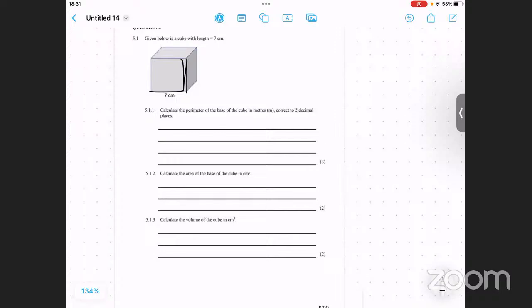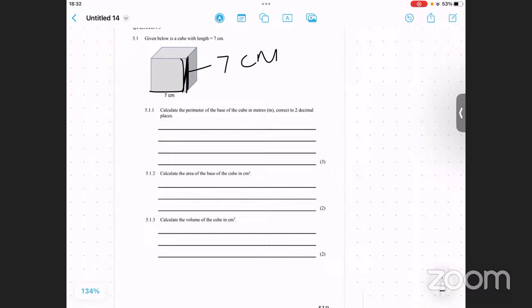Lukumo, what's going to be the distance of this side? It's going to be 7 centimeters. And why is it 7 centimeters? Because all the sides of a cube are equal. Perfect. All the sides of the cube are equal.